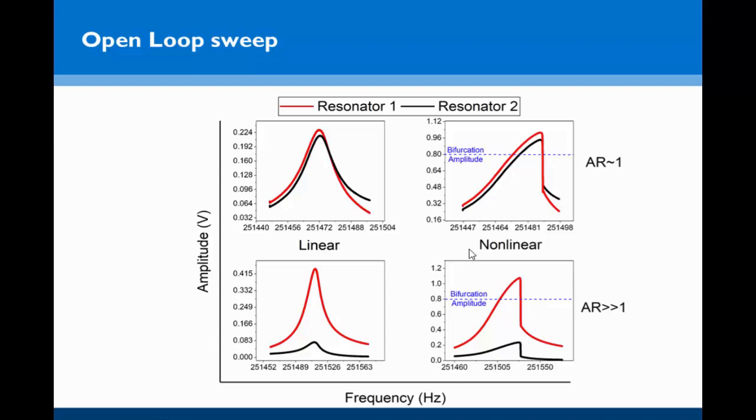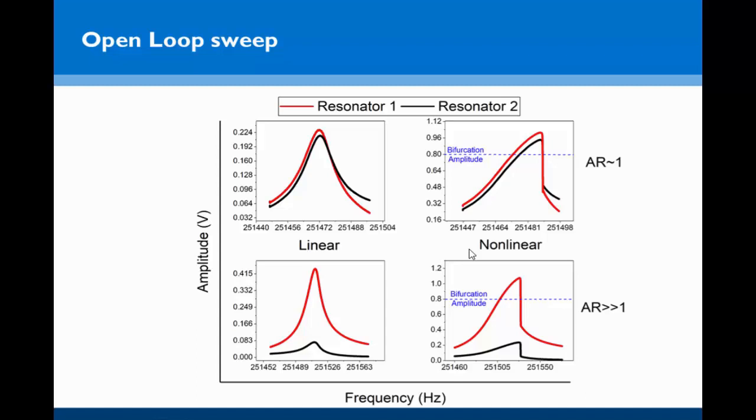Now, when we look at the nonlinear response of this, which means we're driving it at higher amplitudes, we see that in the matched case, the two resonators respond very proportionally to the drive amplitude and go above the theoretical bifurcation amplitude before we see that instability.